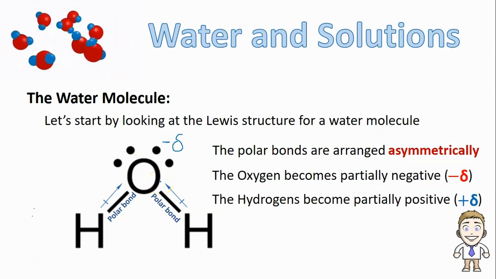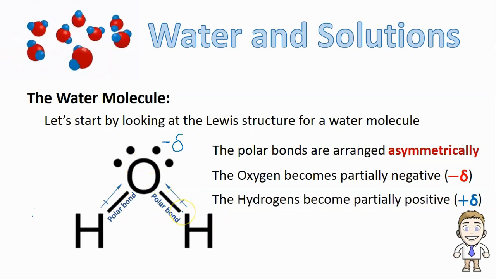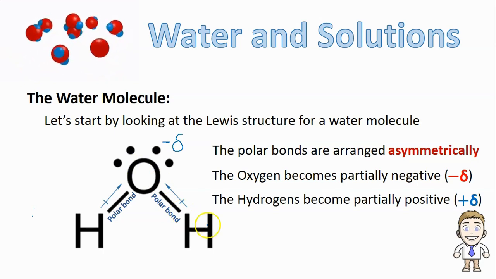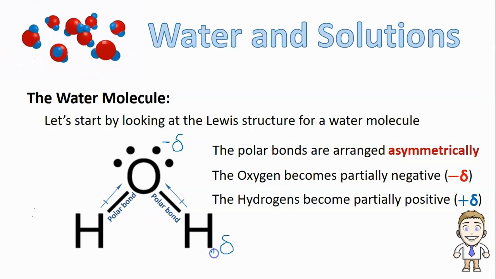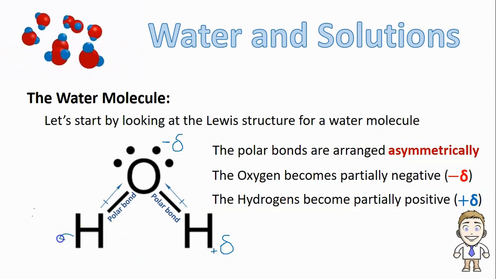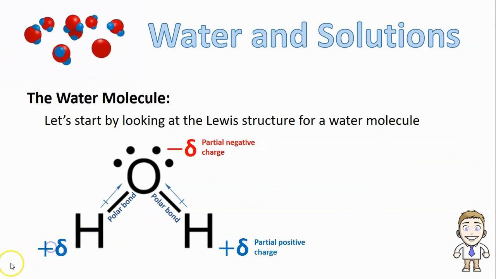At the same time, the hydrogen atoms, the ones that are having the electrons pulled away, become partially positive. And we use the same lowercase Greek letter, but this time with a positive sign. And here's a slightly cleaned up version of the water molecule with the partial negatives and partial positives labeled.